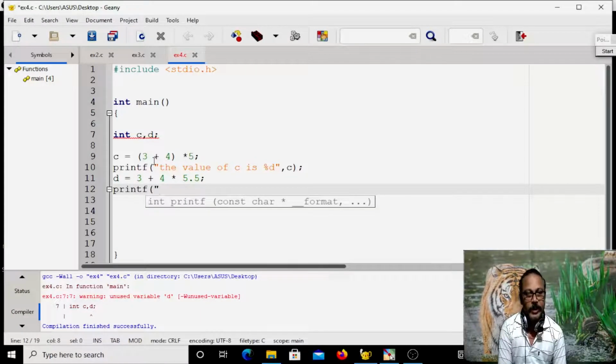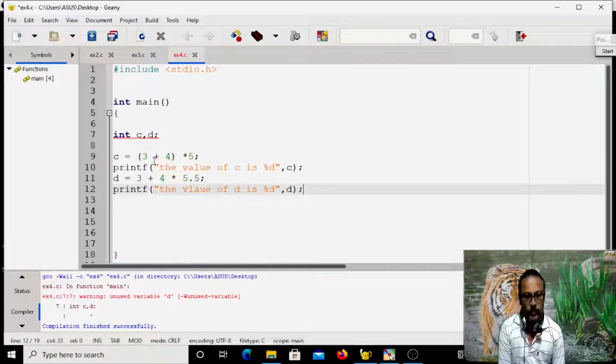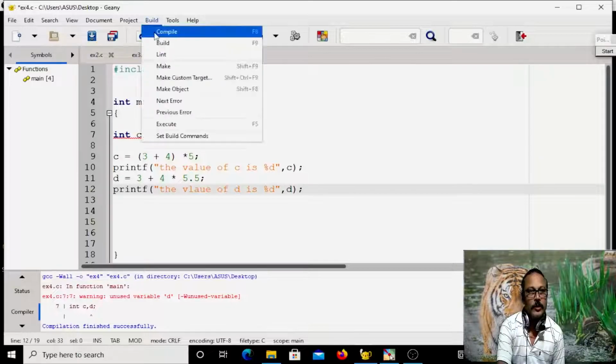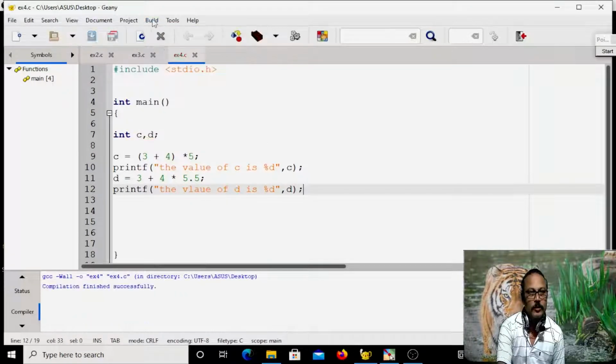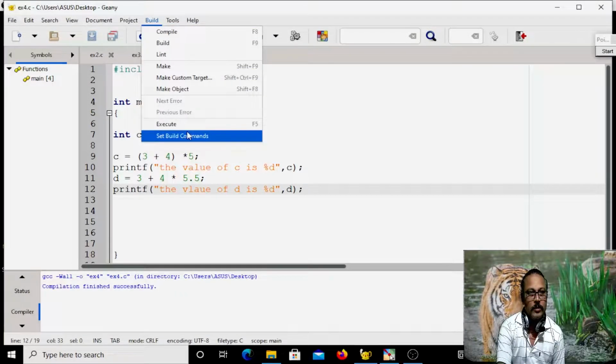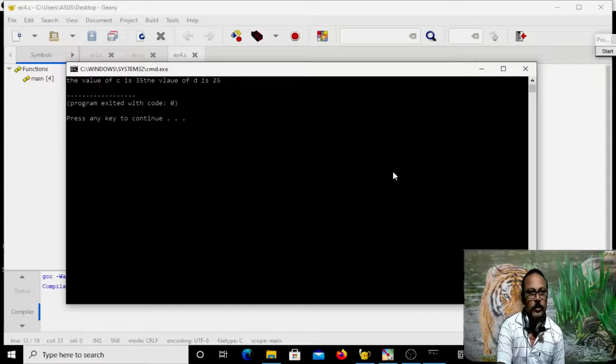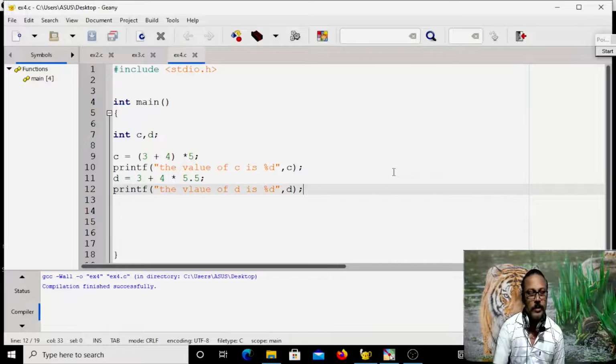Let me add the print statement also. The value of C is 35. The value of D is 25. You are getting 25.